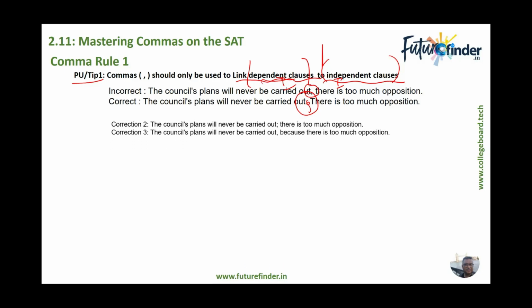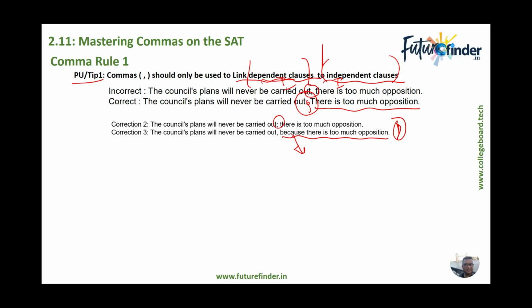So there are two corrections: either a semicolon, or we can turn the second part into a dependent clause by using a conjunction between the two independent clauses.